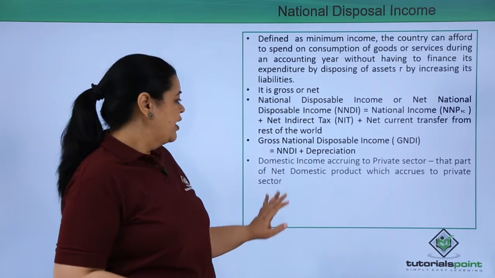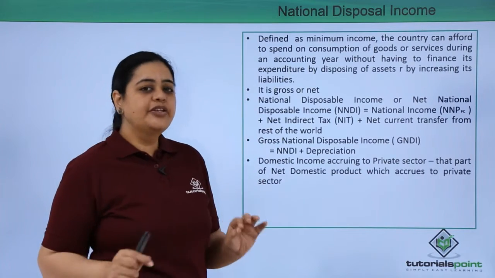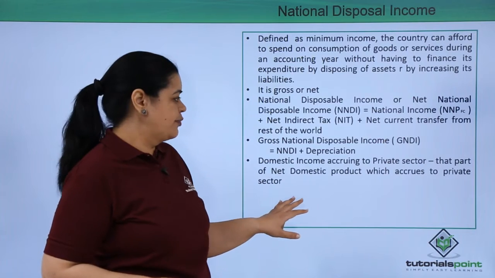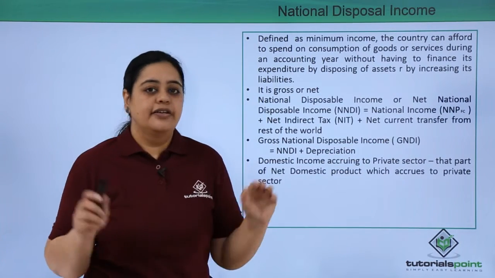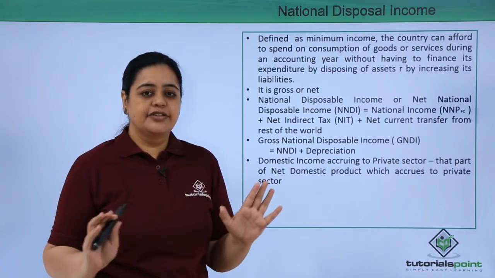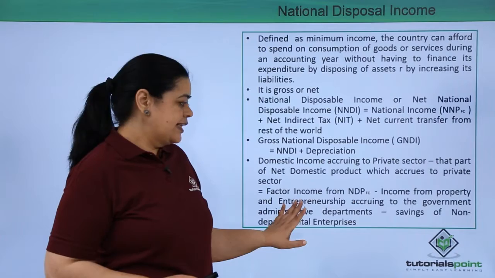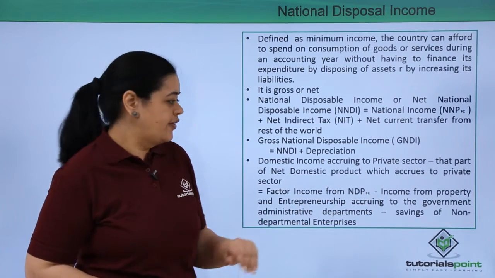Now whatever is the domestic income which is accruing to the private sector, that part of net domestic product which accrues to the private sector would be the income to be considered. This is nothing but your factor income, that is your NDP at factor cost.